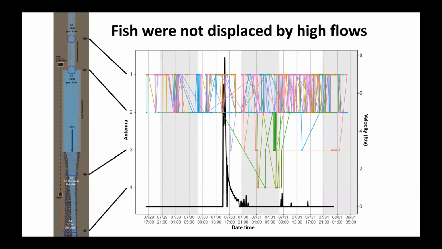During the storm event, they're still up in that pipe, and the flows in the channel were on the order of 4 to 6 feet per second. So cranking flows inside the pipe itself, but the fish were still up there. As the storm receded, the fish actually started exploring and going down into the downstream sections, but all of these fish ended up coming back and hanging out in the pool after the storm had completely passed.